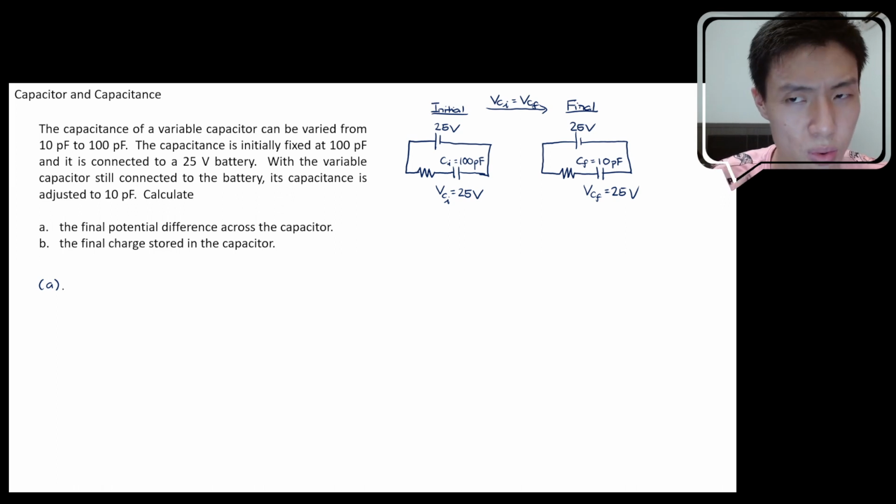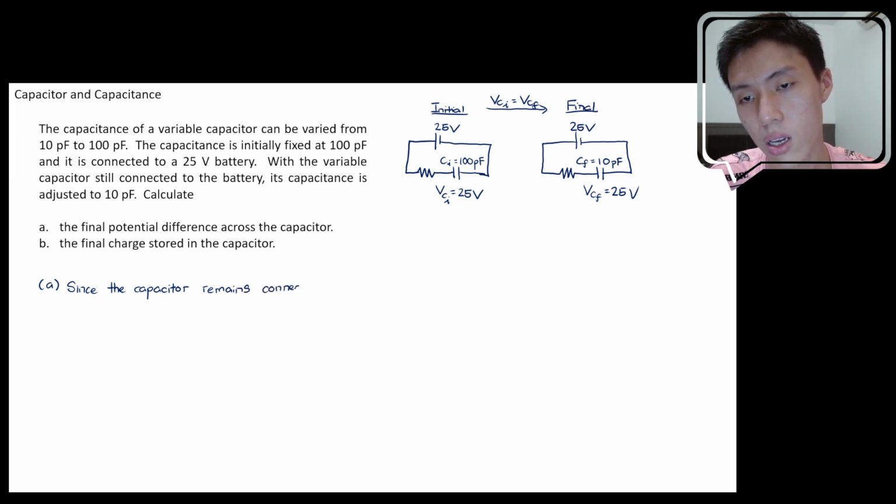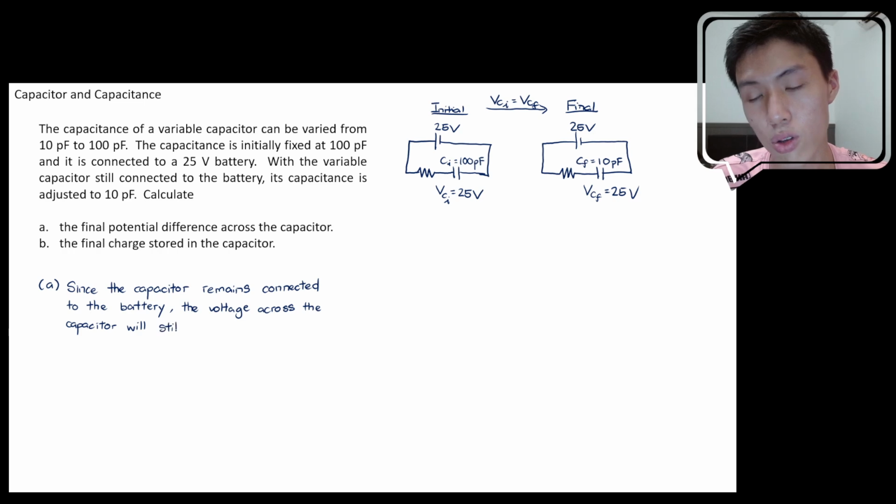But we should probably elaborate a bit. Since the capacitor remains connected to the battery, the voltage across the capacitor, or the potential difference across the capacitor, they are the same thing, will still be 25 volt when fully charged.